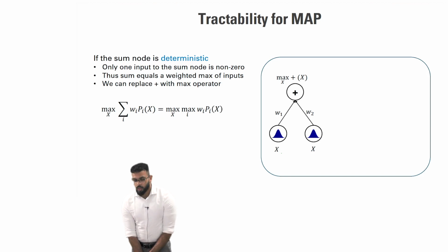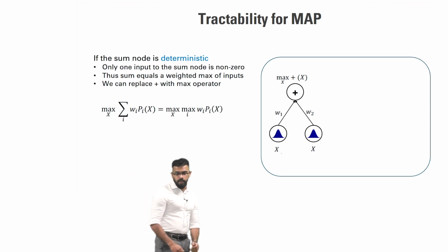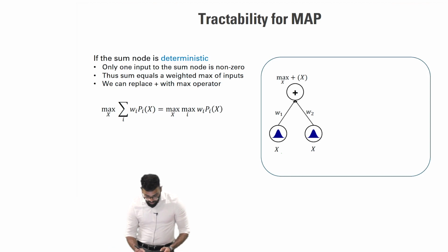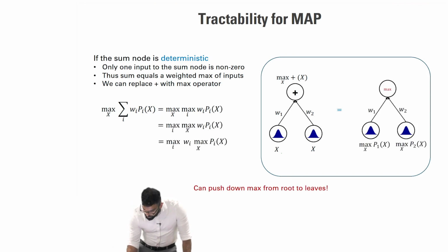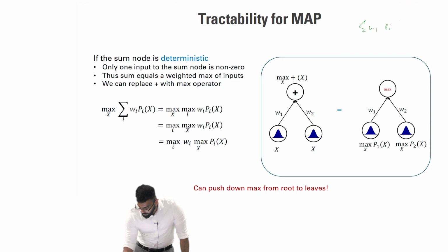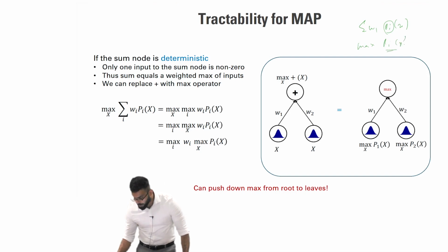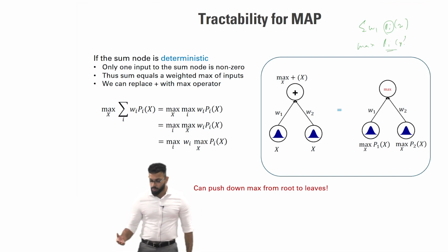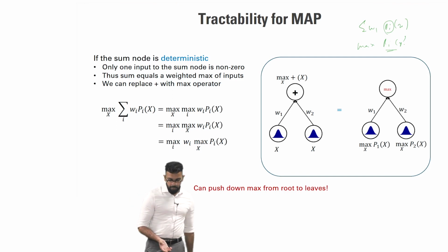So if you were to take a sum over these children and you already know that only one of them would be non-zero, then that is equivalent to taking the max over the children. You have a summation of wi pi of x, but you know that only one of the pi is non-zero. So taking the summation is actually equivalent to taking the max over all of your pi. So you can push down the max operator from a sum node to its children if you have determinism.